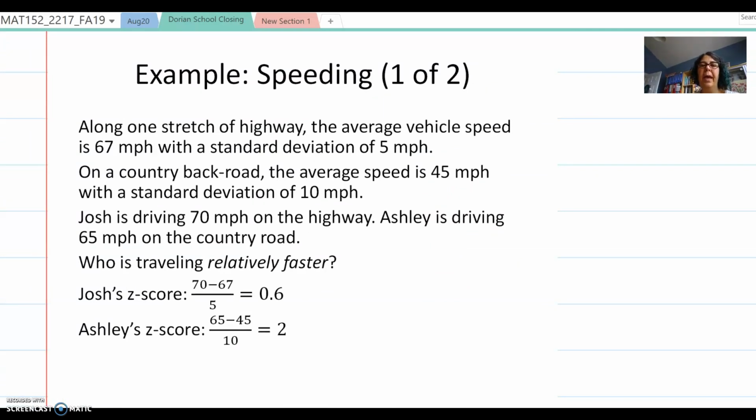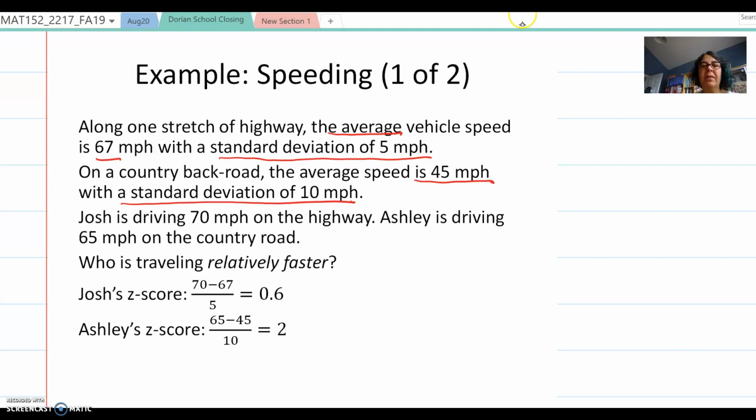The average vehicle speed is 67 miles per hour on a certain highway with a standard deviation of 5. So standard deviation is given, 67 is given as the mean. On a country back road, the average speed is 45 and the standard deviation is 10. So we have two types of roads, with different average speeds and different standard deviations.